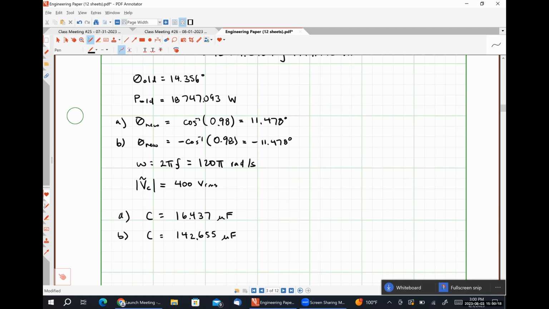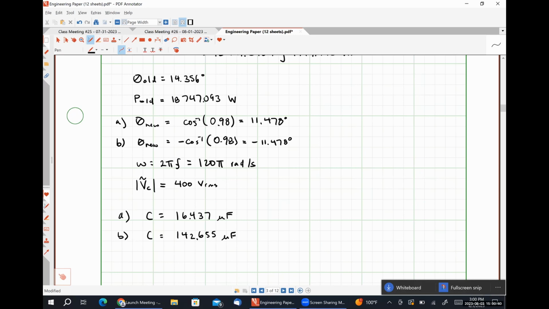So even though it doesn't seem like it's a big leap to go from power factor of 0.98 lagging to 0.98 leading, it actually requires a significantly larger capacitance to push it past a unity power factor, right?